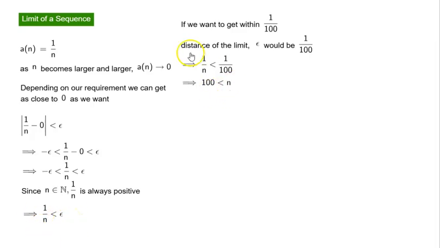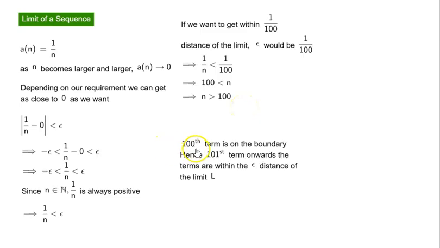Manipulating that, we get 100 is less than n, or we can say n is greater than 100. 100th term is on the boundary, because remember, we want to get within 100. So 100th term is on the boundary, hence 101st term onwards, the terms are within the epsilon distance of the limit L.